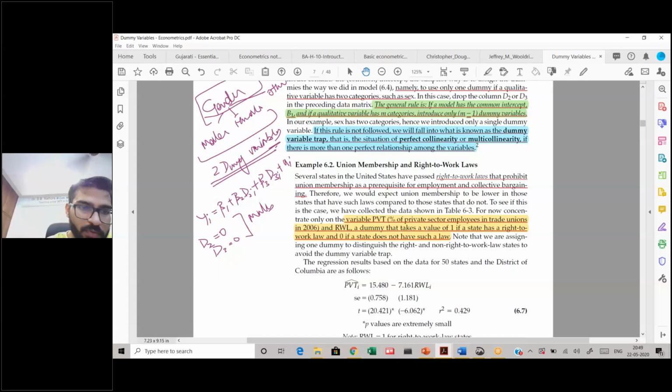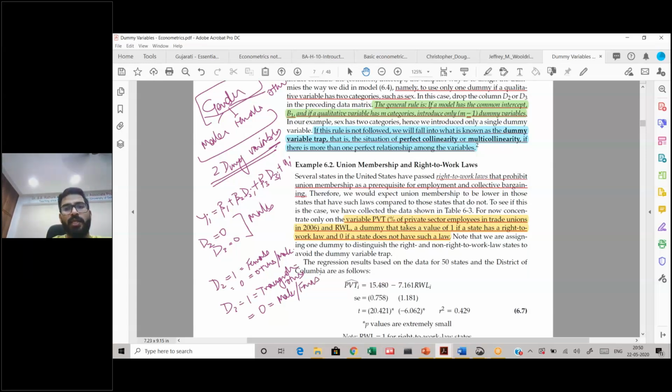When you have d2, say d2 is equal to 1 in case of females and is equal to 0 in case of others or male, and d3 is equal to 1 in case of transgender or others, and is equal to 0 in case of male or female.